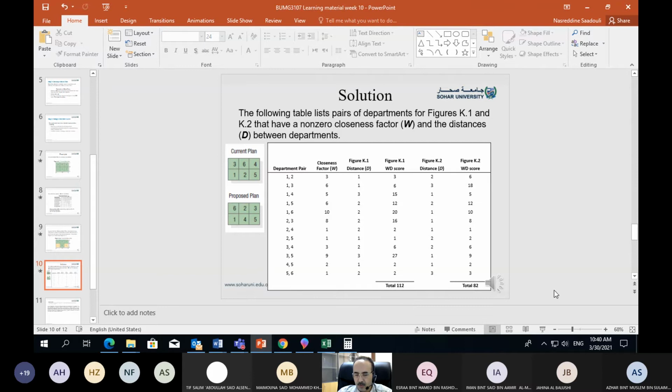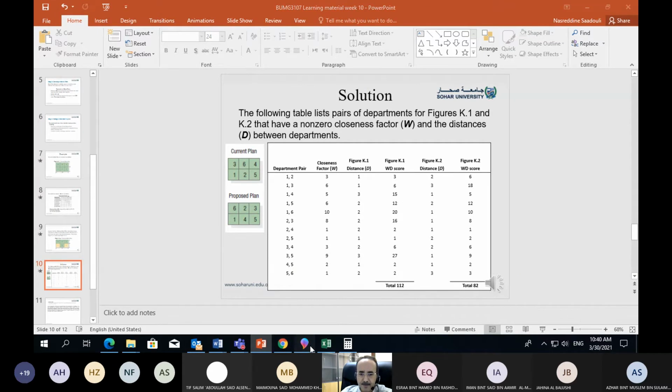So what should we do? We should adopt the proposed plan. Is this the best plan? We don't know. Could there be another better plan? Maybe. The only way to do this is to solve this as an assignment problem. Many of you have probably taken operations research last semester, so you're certainly familiar with assignment problems.